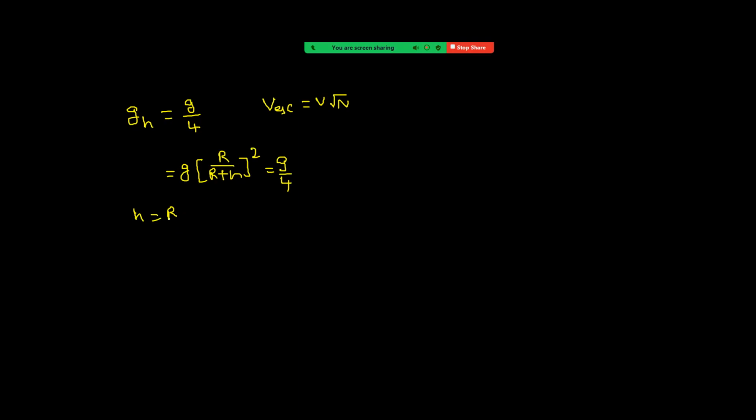Now, to reach a height h, how much velocity do we have to provide? So projecting from the surface of the planet to reach a height h equal to r.